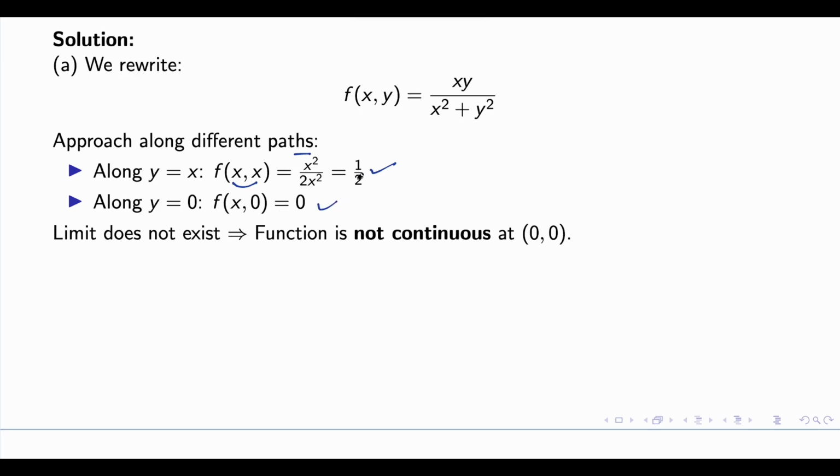So two different limits by two different paths. Now you take the limit x tends to 0, and there is no x involved on the right hand side, so you will always get half. Similarly, y tends to 0, then you'll get 0. So the function is not continuous at (0, 0) because the two different path test fails.